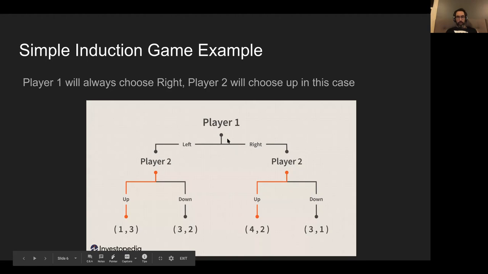So they have a dominant strategy to go right. So this whole left side is going to be removed because player 1 would never choose it. And then based on that, player 2 would choose their best strategy. So the actual sequential endpoint of this 2-level tree is player 1 gets 4, player 2 gets a 2.